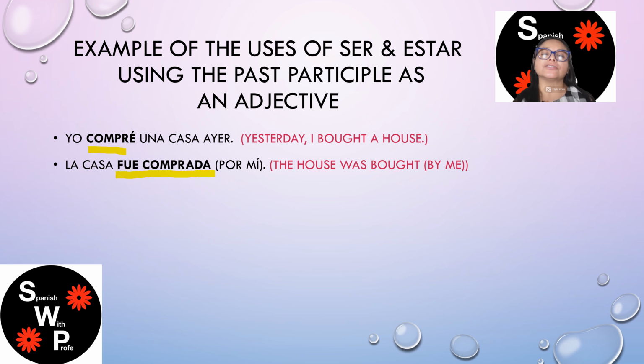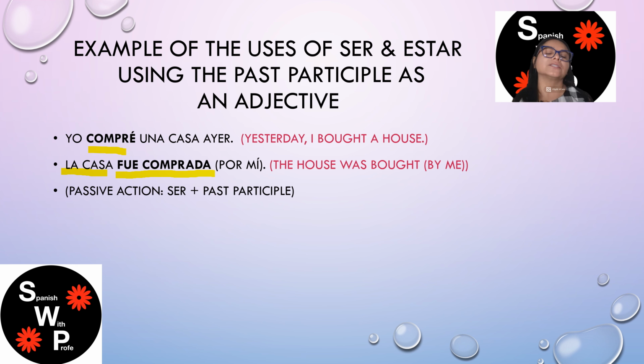And then you can see the English translation. So, I bought the house, the house was bought by me, by somebody. So, la casa, singular femenino, the helping verb ser en el pasado, singular tercera persona, and the given verb comprar becomes comprada because it has to agree with la casa, femenino singular, una palabra femenina singular.